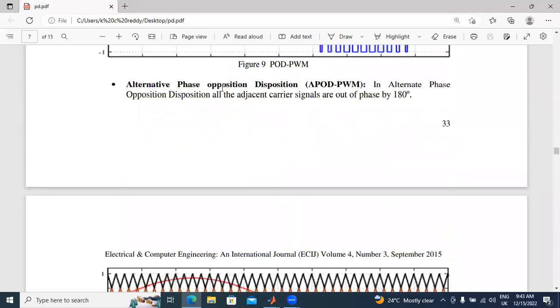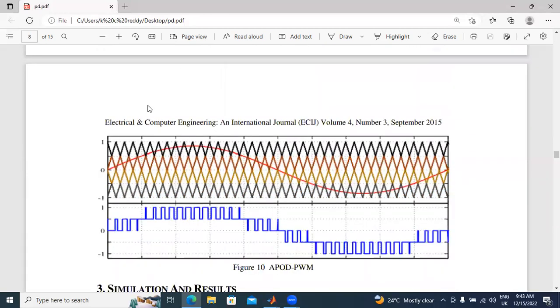Next, alternate phase opposite disposition PWM technique. Here the first carrier signal and the second carrier signal are opposite, 180 degrees apart. Next, the third carrier signal and fourth carrier signal are opposite as well.